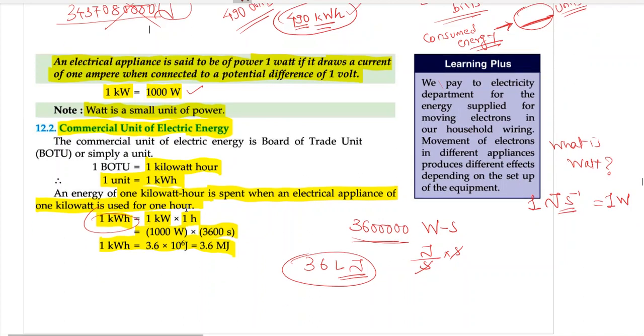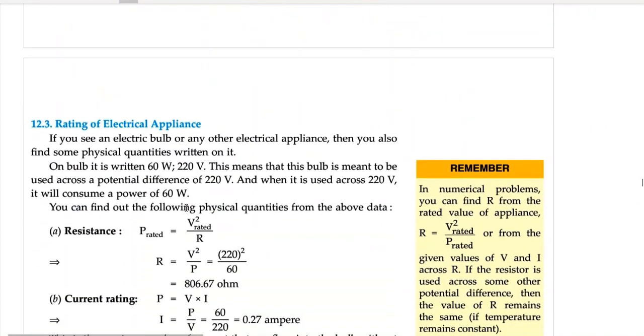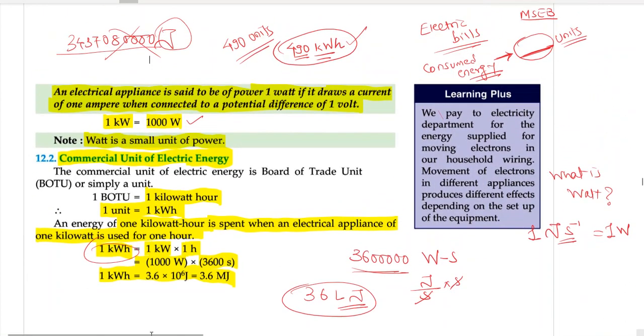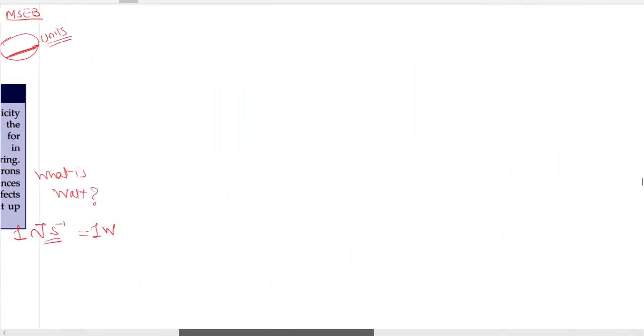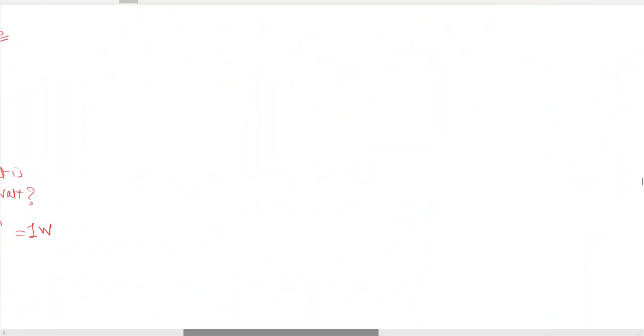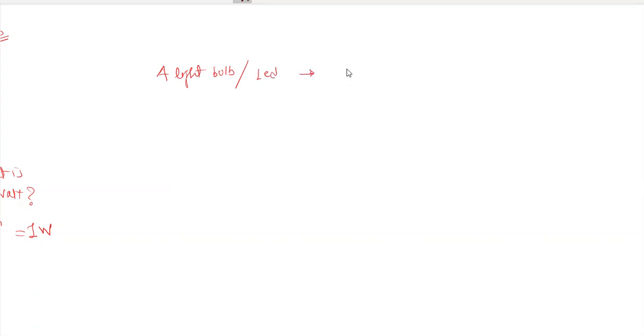Correct? One more reason I can give you before we go ahead. Let's talk about one more justification why kilowatt hour is a convenient unit for measuring electricity. In your home, suppose you have a light bulb or LED of 6 watt.